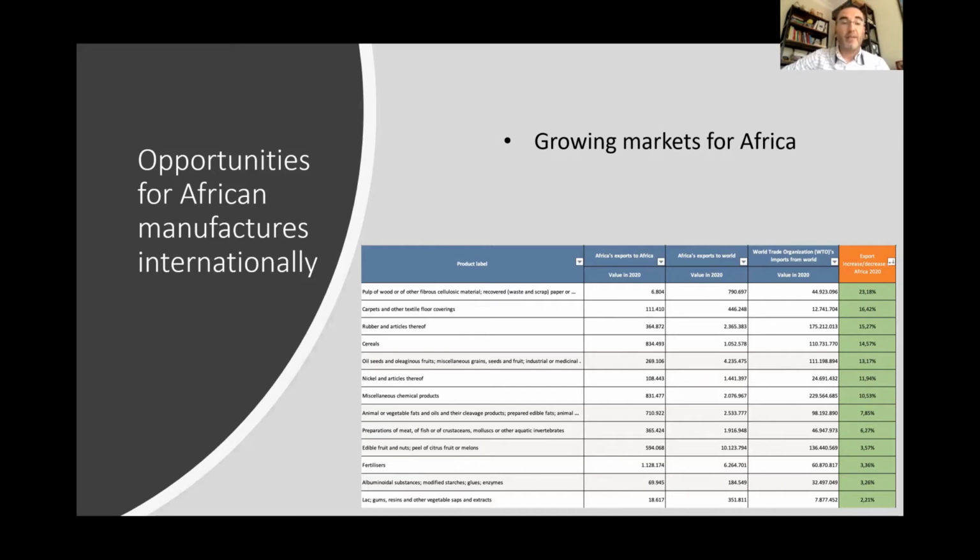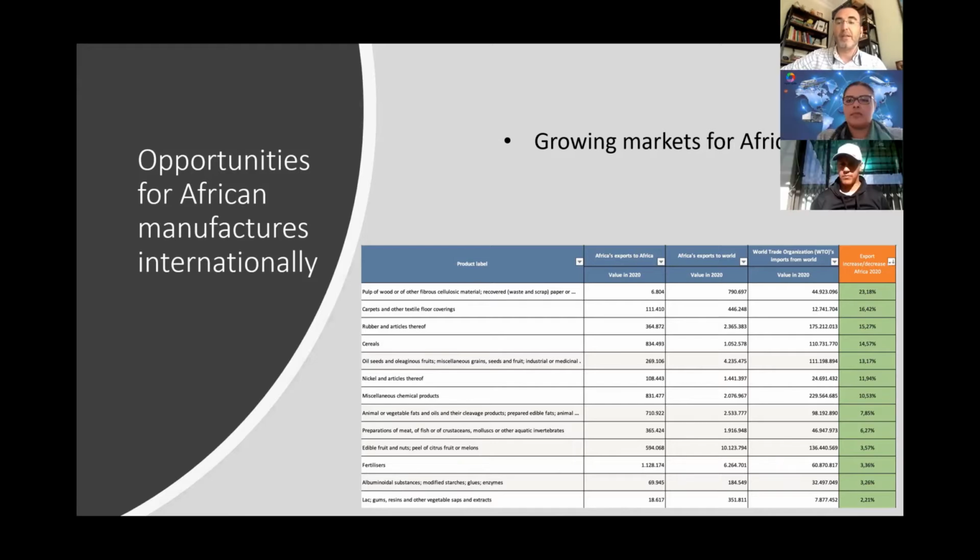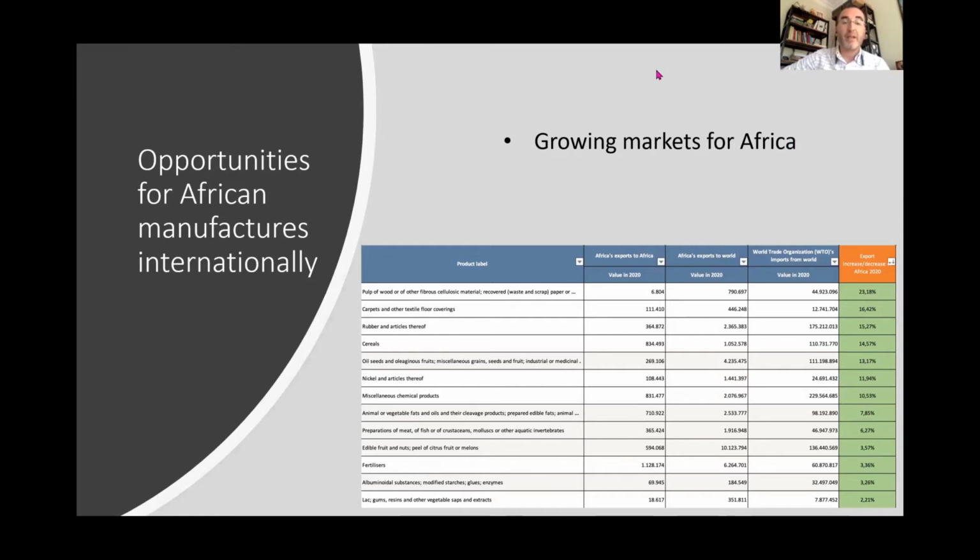And we believe that in the future, next year or even this year, this increased rate will be kept and will continue. And also carpets and other textile floor coverings increased rapidly last year. It's about 16%, which is a very good increasing export rate.